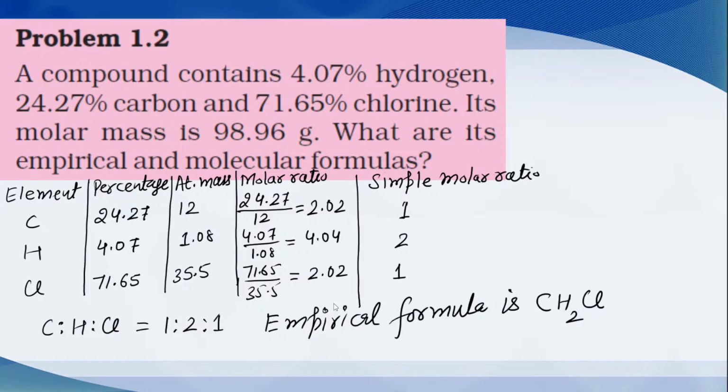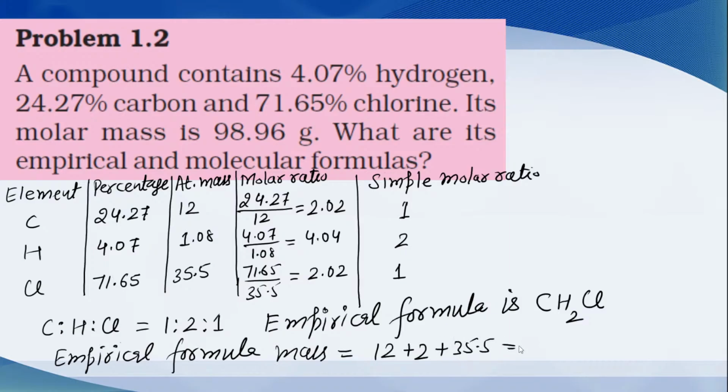Now the molar mass is given to you. So from here, first calculate the empirical formula mass. The empirical formula mass is equal to 12 from carbon, 2 from hydrogen and 35.5 from chlorine. In total it is 49.5.